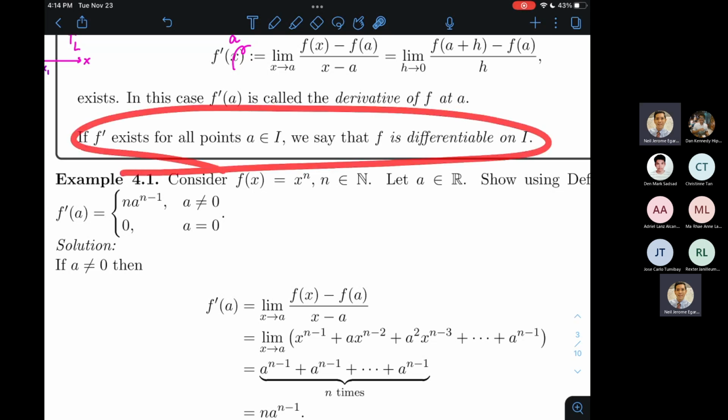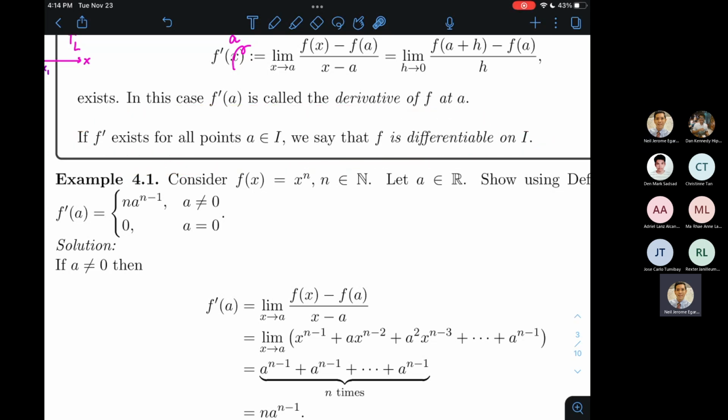So that's what the last paragraph is saying. So yeah, that's a quick recall of the definition of the derivative that hopefully you still remember from elementary calculus. So let's look at the basic properties and some illustrations of the definition of the derivative.